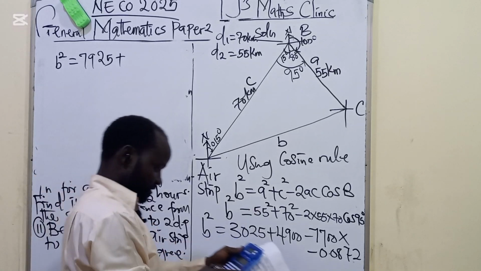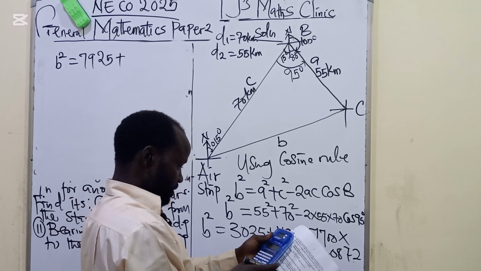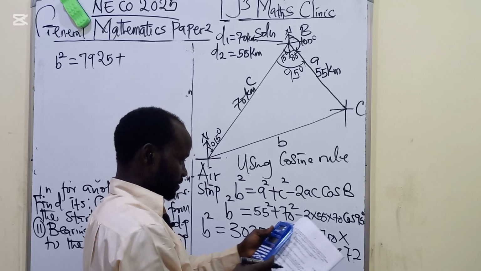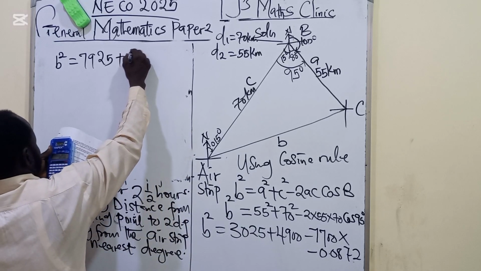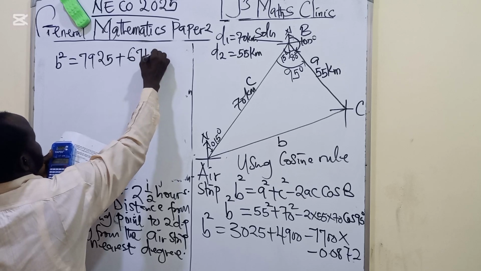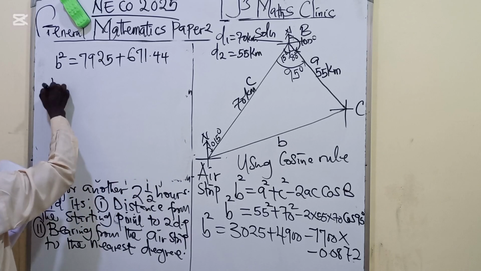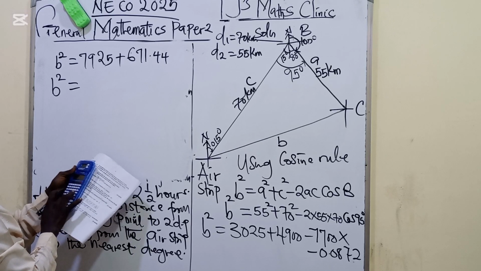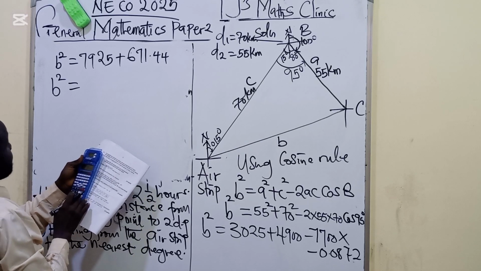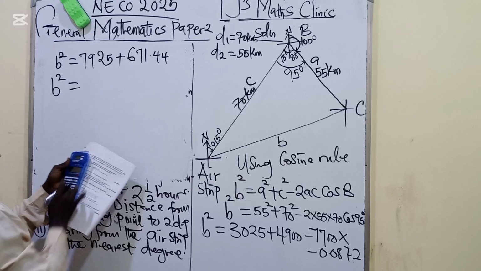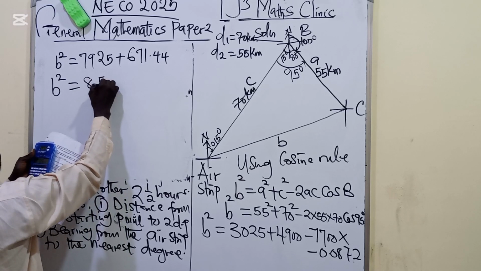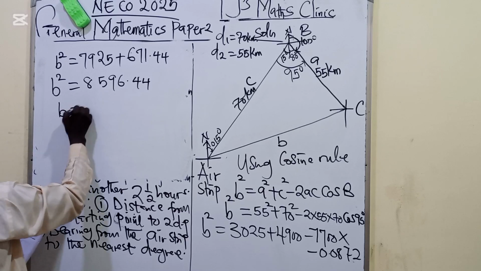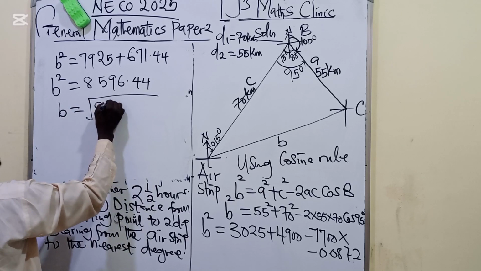Then we multiply 7700 by 0.0872. Very important. What we have? We have 671.44. Then we sum this. B square now will be, we can add this now, 7925 plus 671.44. What do we have? 8596.44.